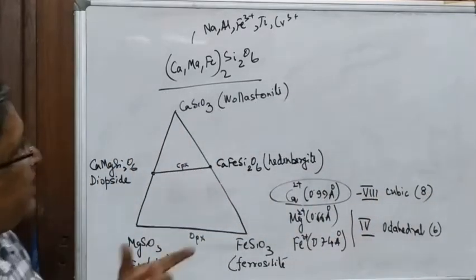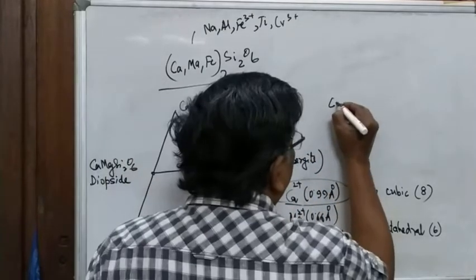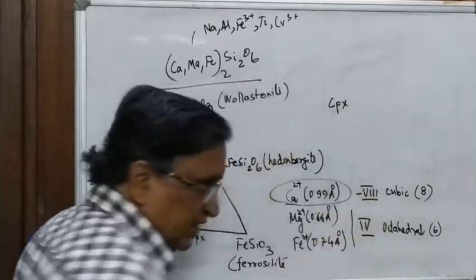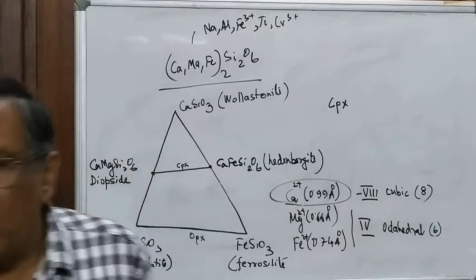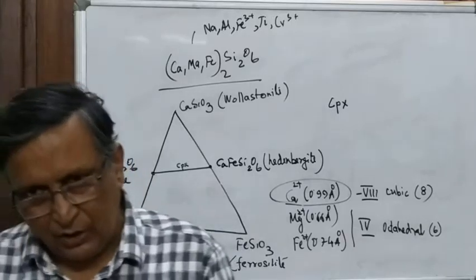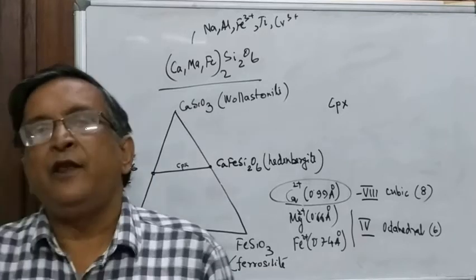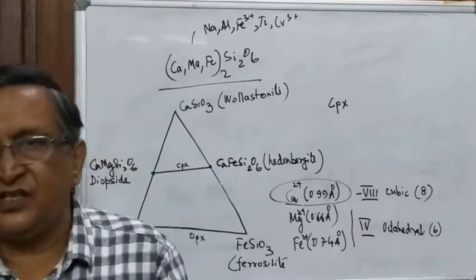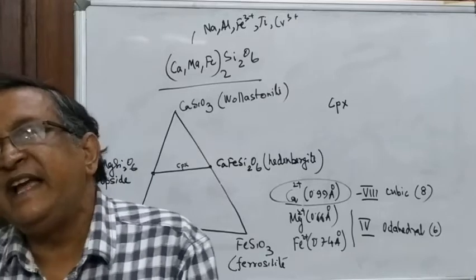So if you take clinopyroxene, or monoclinic pyroxene, what is monoclinic? What is orthorhombic? There you have 3 crystallographic axes, A, B and C, and all 3 are of unequal lengths, but they are at right angles to each other.